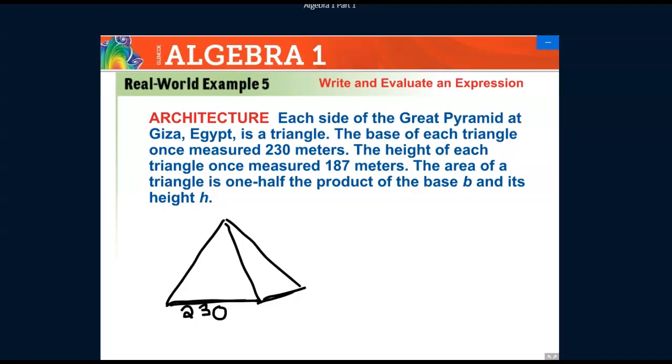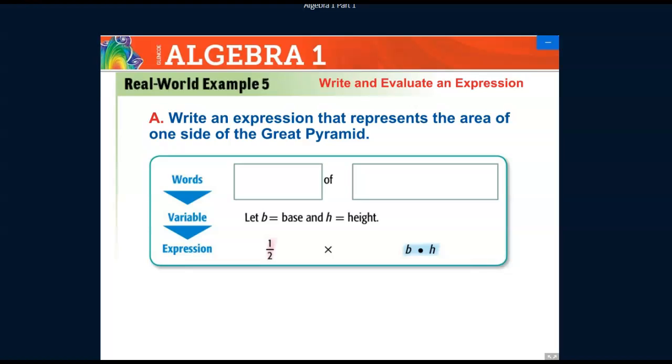The height of each triangle was 187 meters. So that's the distance from here to there. Does that help to kind of see it visually? I'm not the best drawer.